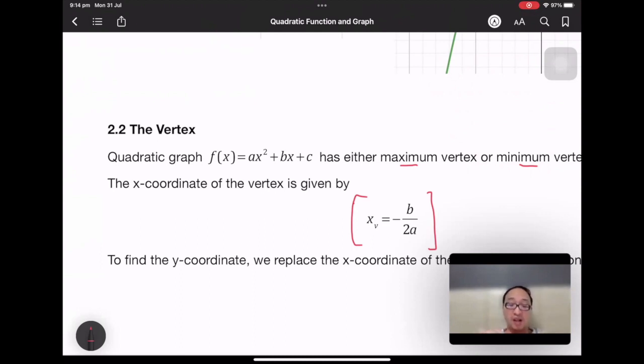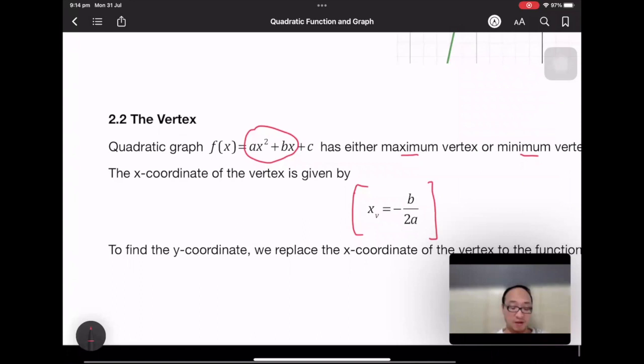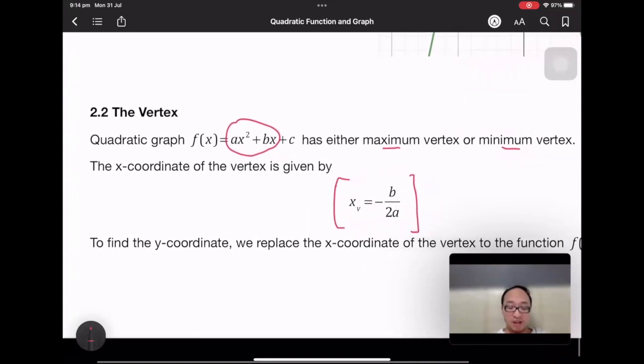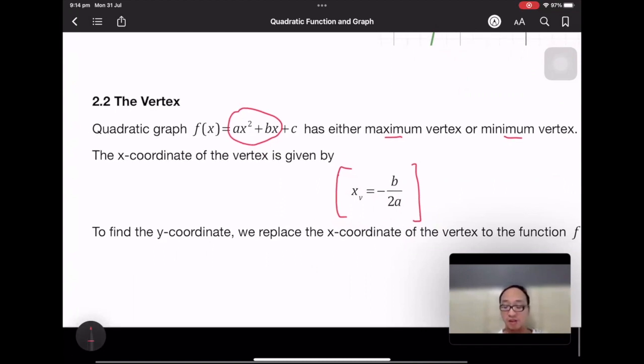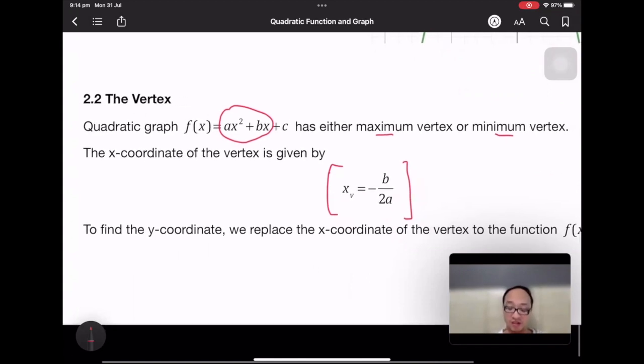The a and b are taken from the equation, so you have to find the values of a and b. a is the coefficient of x squared and b is the coefficient of x. Then to find the y coordinate, we just replace the x coordinate that we get from the formula into the function f(x).